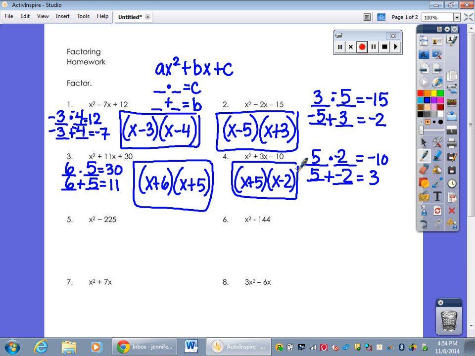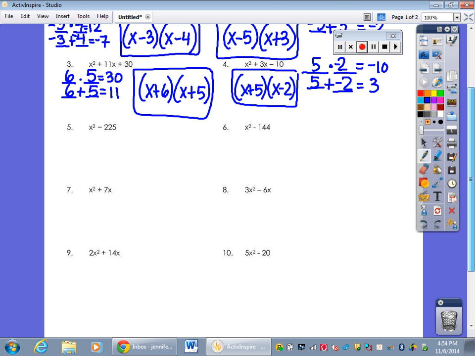All right, and the next ones, numbers 5 and 6, are difference of two squares. So notice that this is x squared and this is 15 squared, and it's a difference right there. So since x is the first term that we square and 15 is the second term that we square, our answer is just the first term plus the second term and the first term minus the second term.